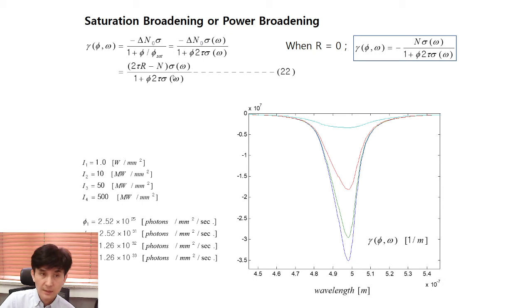So as you increase phi more and more from 2.56 times 10 to the 25 to 1.26 times 10 to the 33 photons per millimeter square per second, we have the broadening of the gain curve like this.